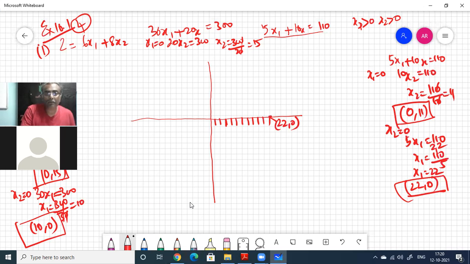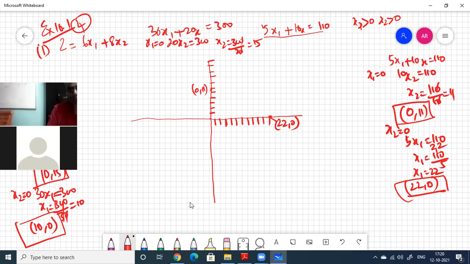Then 0, 11: 0, 2, 4, 6, 8, 10, 11 is here. From 0, 11 to 22, 0, you have to draw a line. Okay, that's the second line.